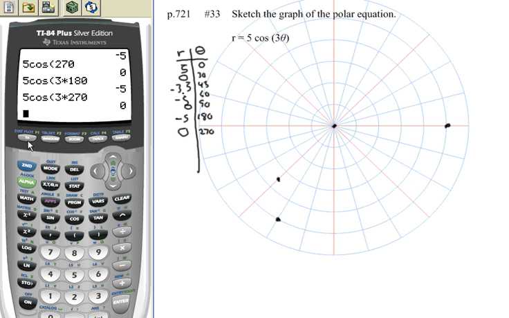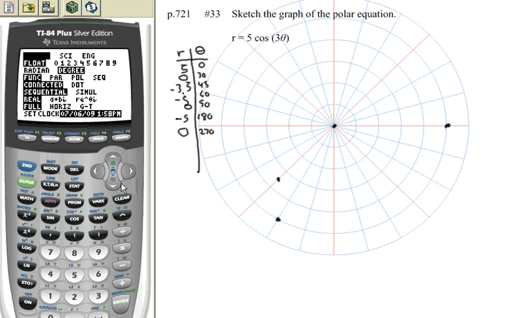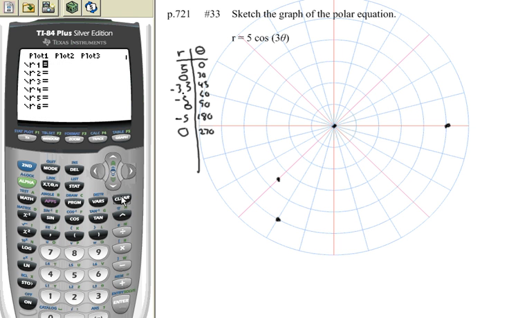Well, let's let our calculator do some of this work for us. I'm going to press my mode key, and I'm going to change my graphing mode to polar graphing. Then if I press my y equals key, I can type in here r equals 5 times the cosine of 3 theta.